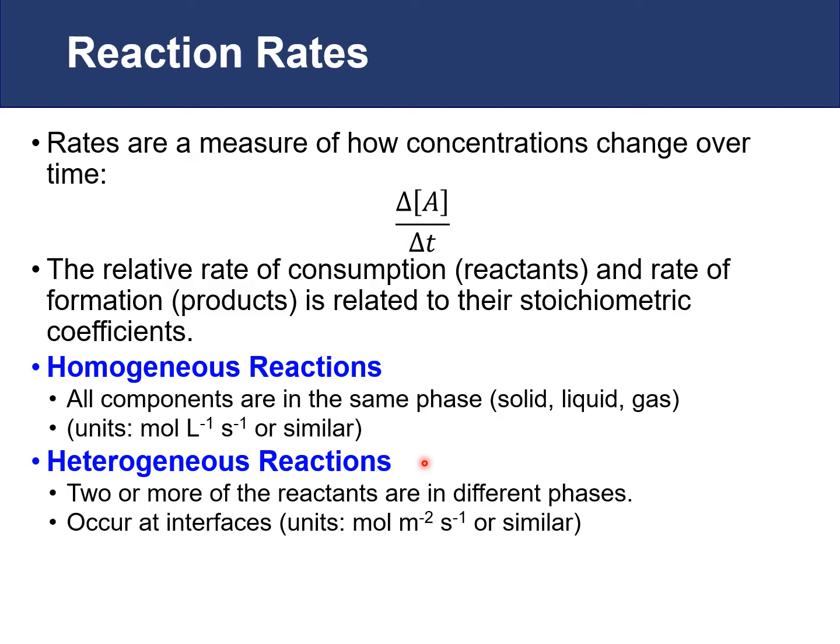That is the location where the two meet. So if you're thinking of a gas interacting with a liquid, they would be interacting at the top of the liquid, where the gas molecules and the liquid molecules can interact with each other. Another common example is a solid-liquid interaction. So you could think of taking a solid component, putting it into liquid, and having the interaction occur at the surface of the solid, where the two components are able to interact.